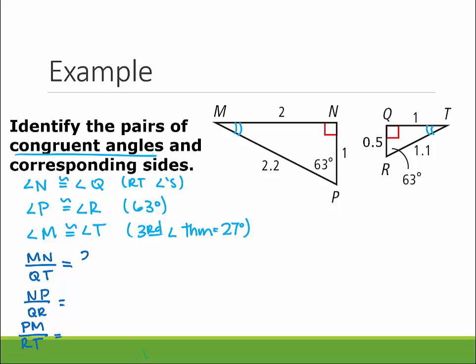So MN is 2, divided by QT is 1, simplifies to 2. NP is 1, and QR is 0.5. And again, if you divide those, you get 2. PM is 2.2, and RT is 1.1, and we get 2. So because these are proportional, that means that these two triangles have to be similar.